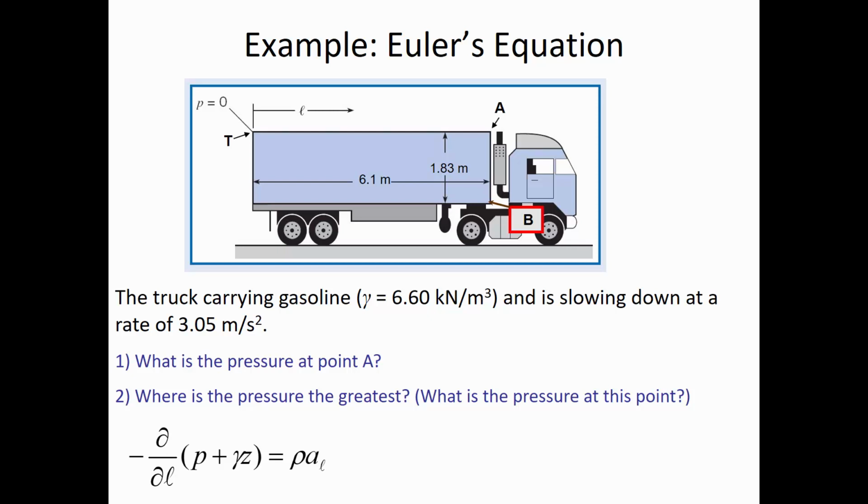So if we substitute in those numbers, it is 6,600 newtons per meter cubed, times 1.83 meters minus 6.1 meters, plus 672.8 kilograms per cubic meter, times negative 3.05 meters per second squared.